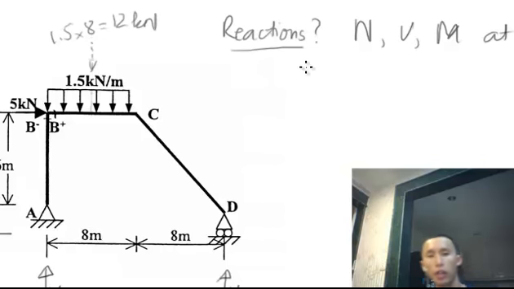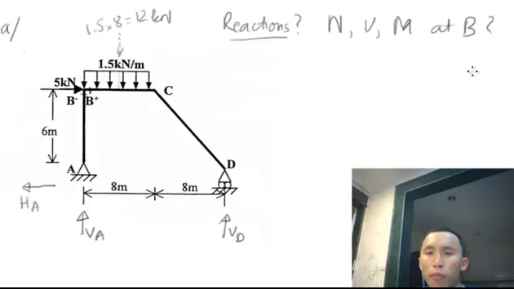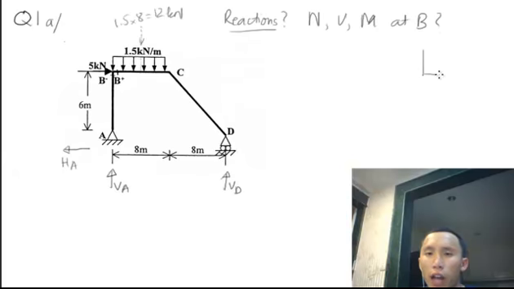Before I find reactions, I will assume the positive sides. I always assume going to the right is positive, going up is positive, and clockwise is positive. It's up to you. This is my convention.